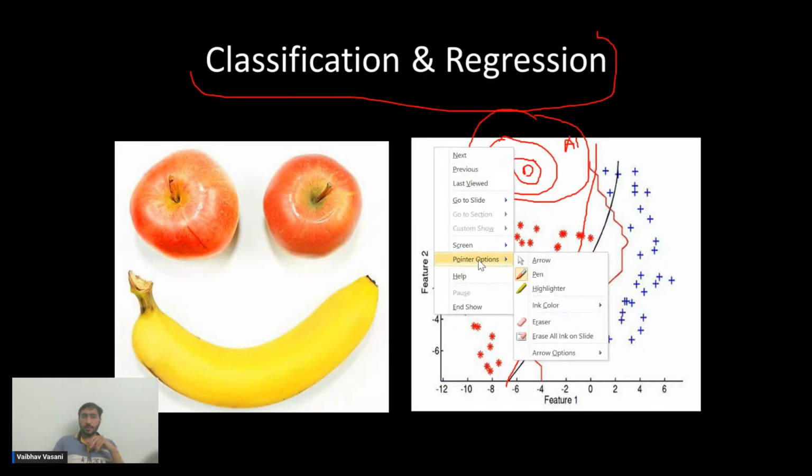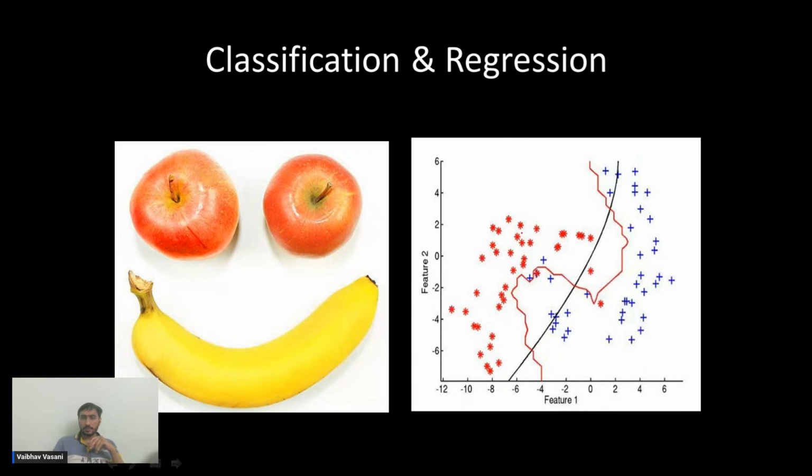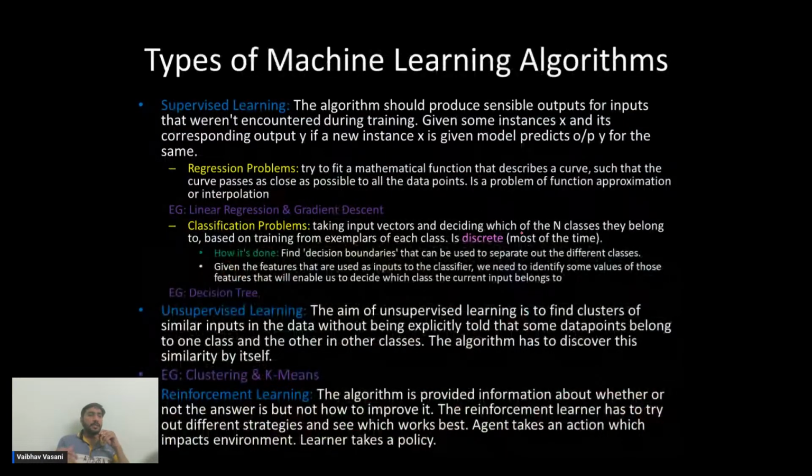Regression, I'm coming to this. Regression is like a mathematical problem. So what do we do in regression? For example, you have a data set for speed and distance. Very typical data set, with distance covered and speed.